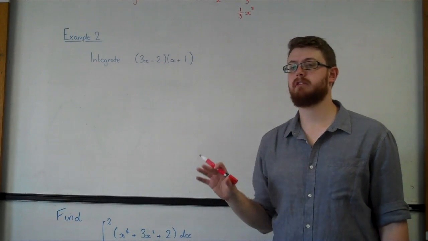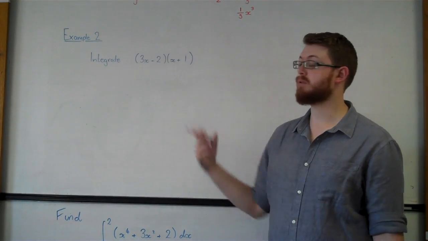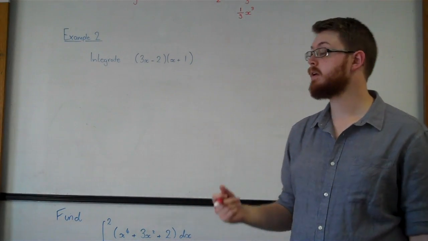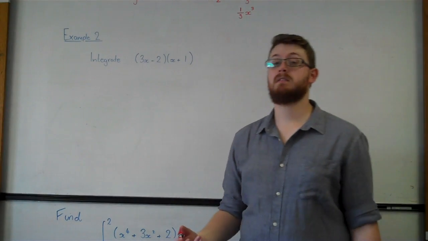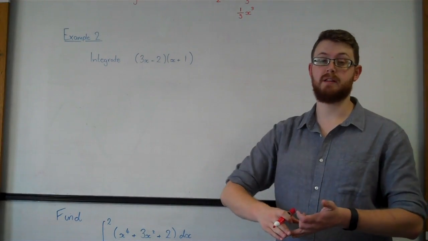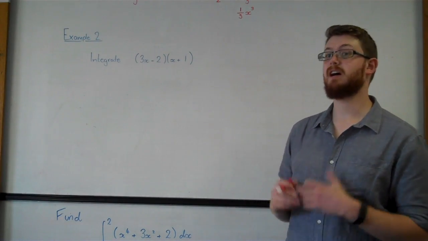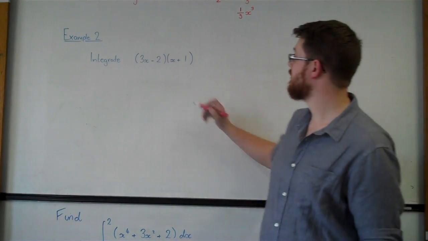Again, like with differentiation, if we've got brackets, what have we got to do with them? Well, we've got to expand. It's up to you how you expand. You can use a grid method, a FOIL method, and you can use Kyle's toucan if you prefer. I like to use the smiley face.